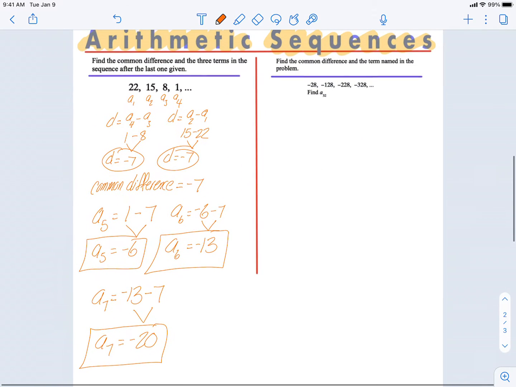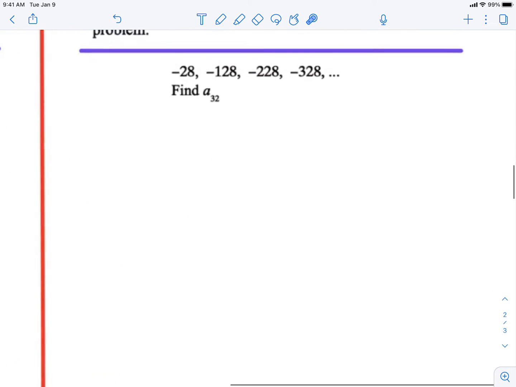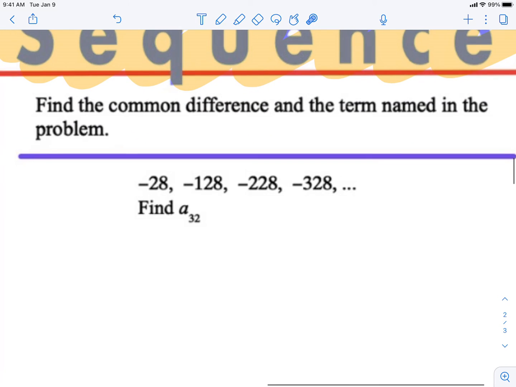Look at that. I found 3 terms. I found the common difference, which was -7, and I found 1, 2, 3 terms. Perfect. Okay, let's move on to our second example.